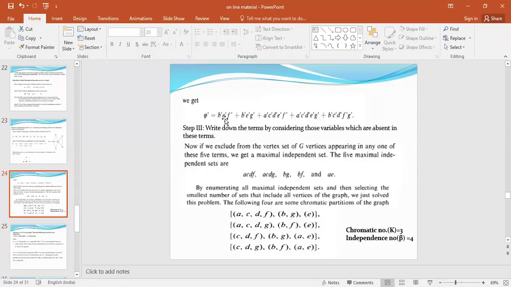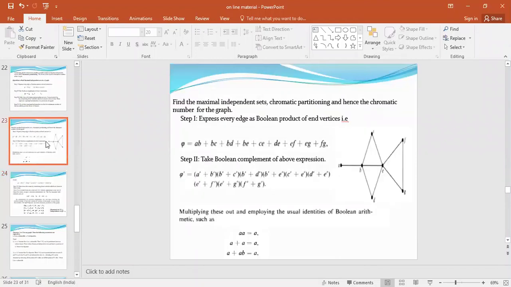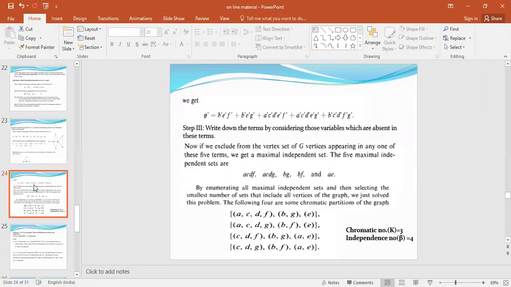So this third step: write down the terms by considering those variables which are absent in these terms. Like in this B dash, E dash, and F dash. So we have to see what are the variables which are absent in this term. So the graph was A, B, C, D, E, F, G. Then we have to see what are the remaining terms.